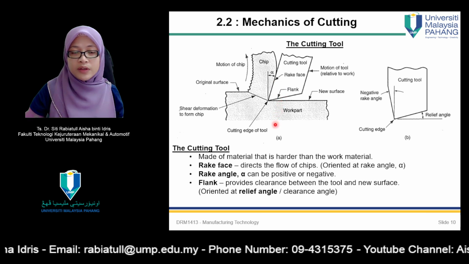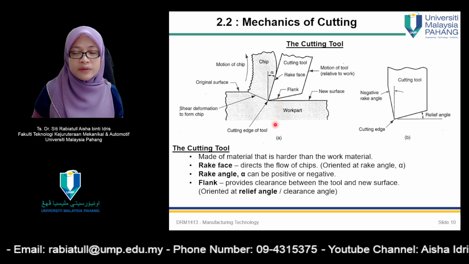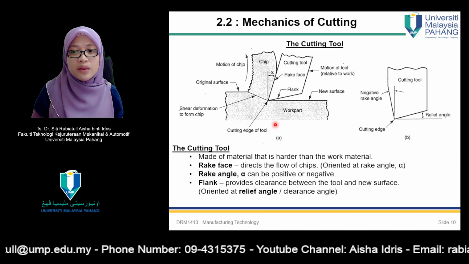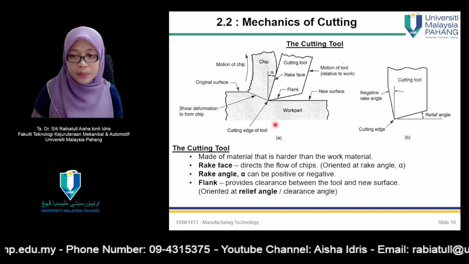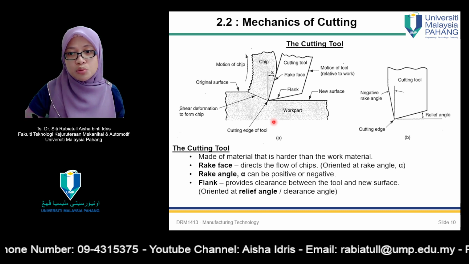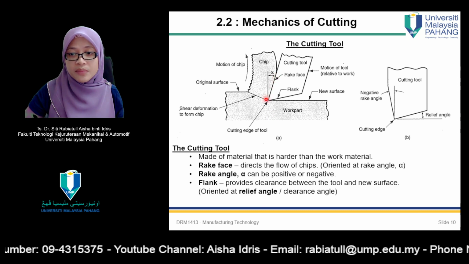The cutting tool itself in general has to be made from materials which are harder than the workpiece or work part. Other terminology for the cutting tool includes the rake face. This is the rake face.